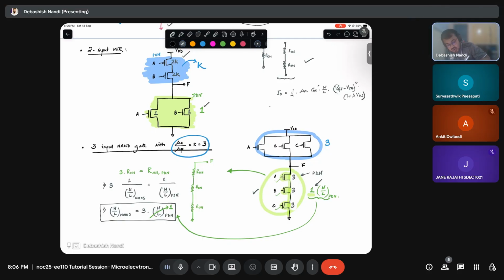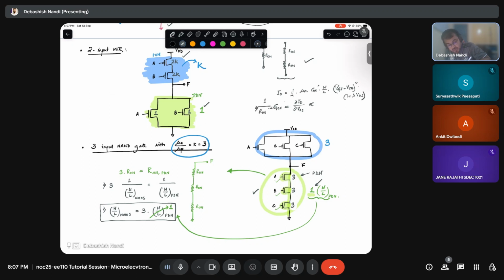If this you remember, so what will be your R on? R on will be dVds by dId. So R on inverse is that, which is basically your G on, or 1 over R on.